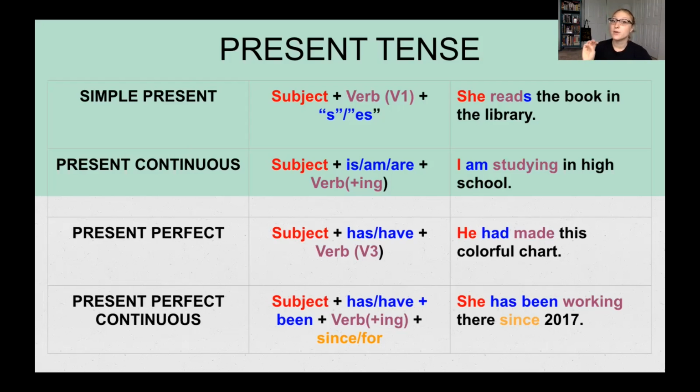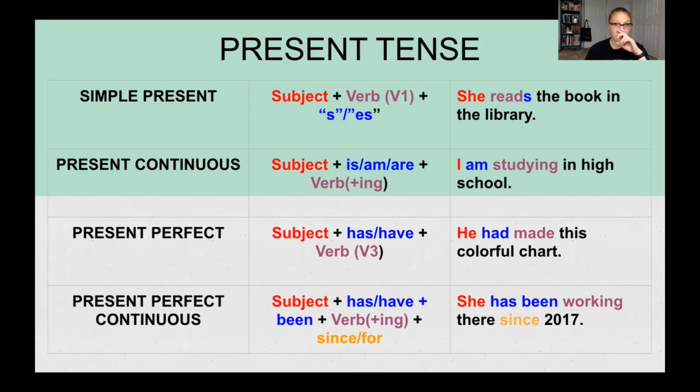And then verb 3, V3, is the action, okay? So he, subject, has had, have is the helping. Then made is the action. All right, he had made this colorful chart.